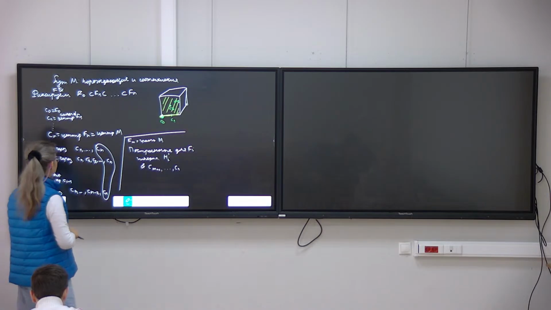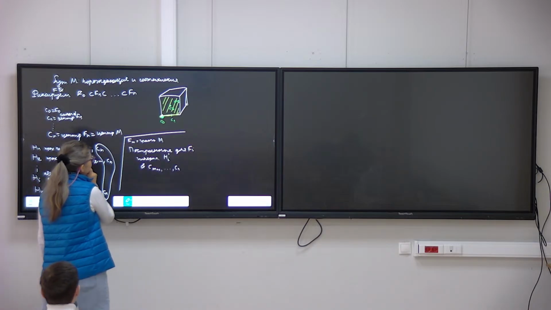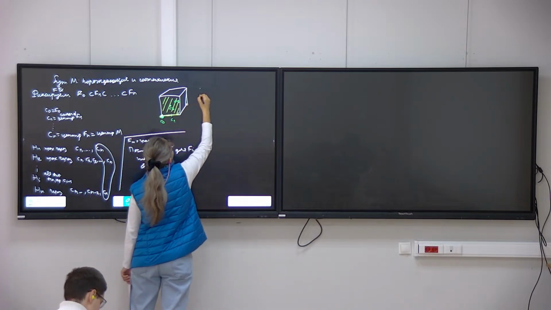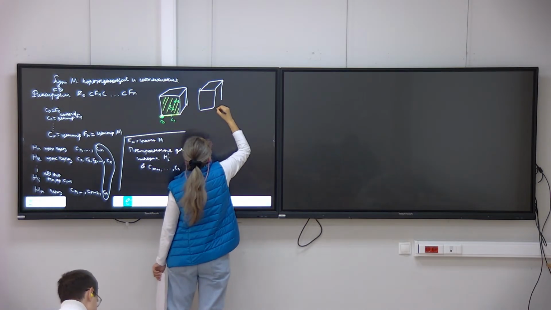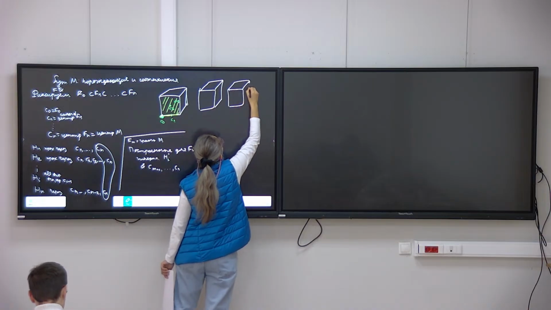I can show what these planes will be for the cube. H1 will contain C1, C2, and the center of the cube. So, let me draw three cubes, and then draw all the hyperplanes.